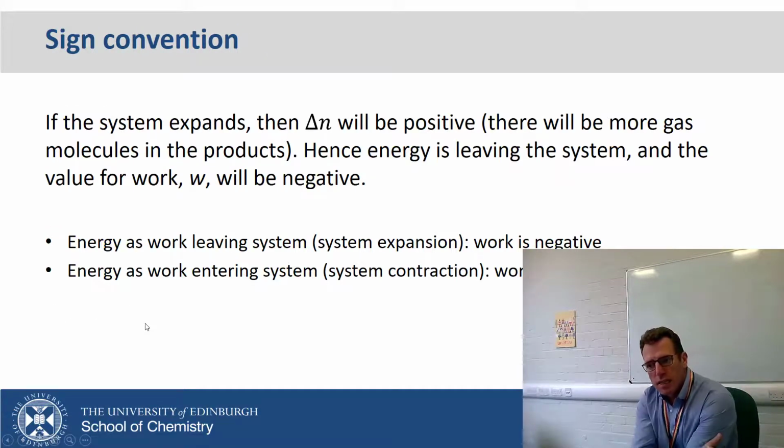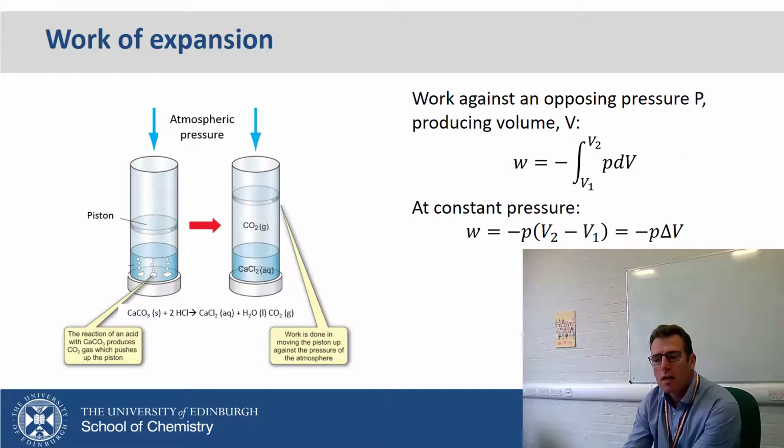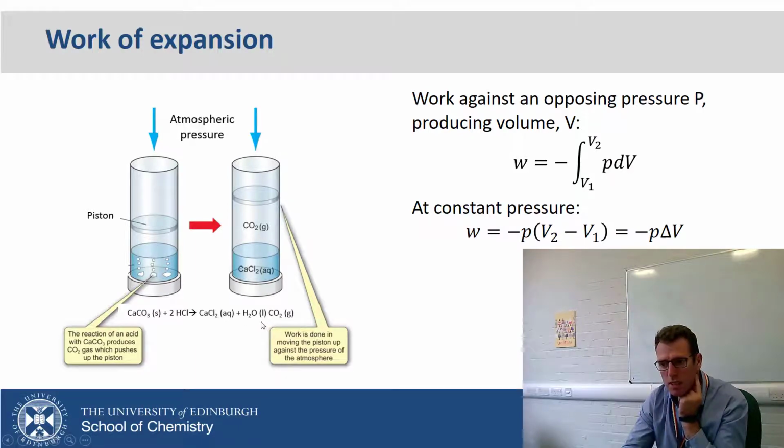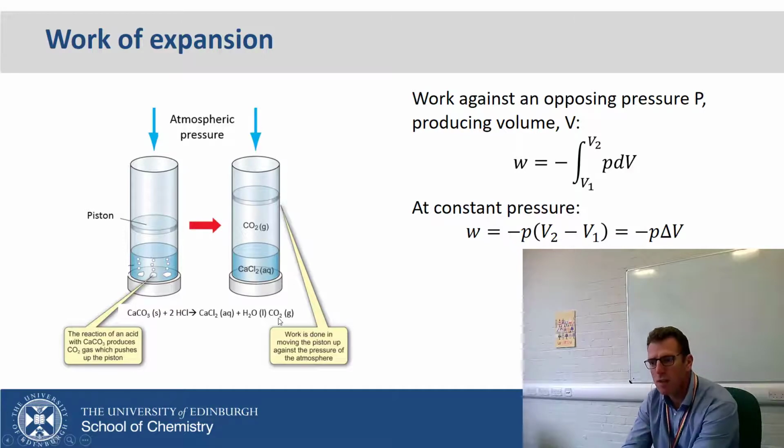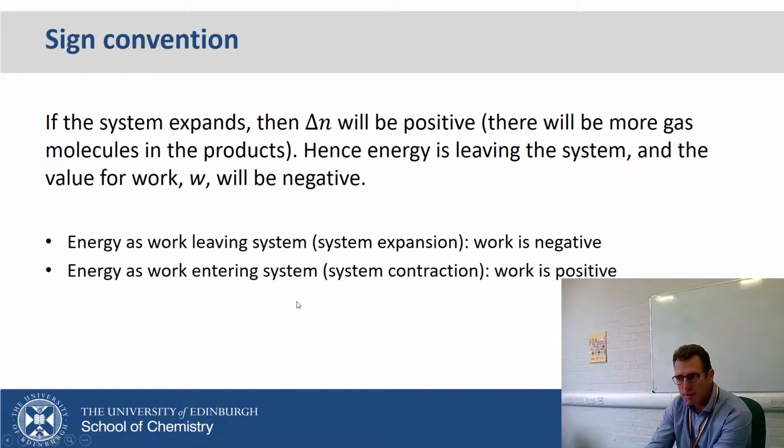So if a system expands, then the change in the number of gas moles will be positive. If I go back to my calcium carbonate example, the system is expanding because we're going from no gas molecules on this side to a gas molecule on this side. Something has gone wrong here in my chemical reaction, but here we have a gas being produced, so delta n is positive.